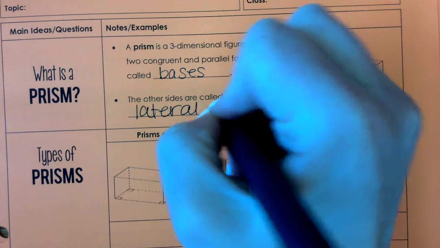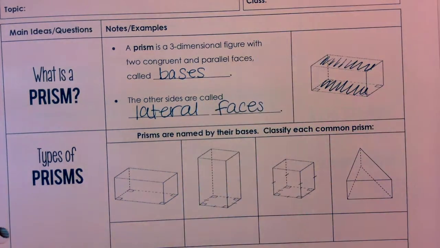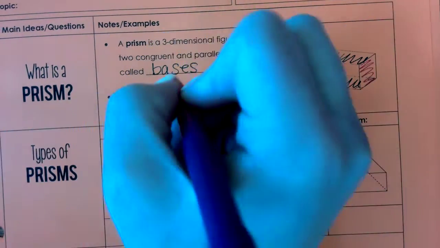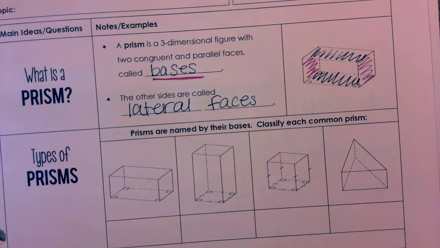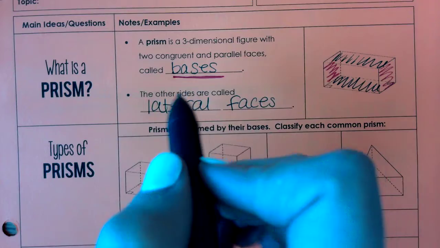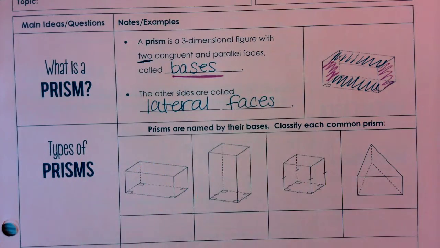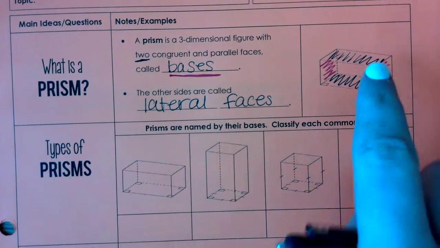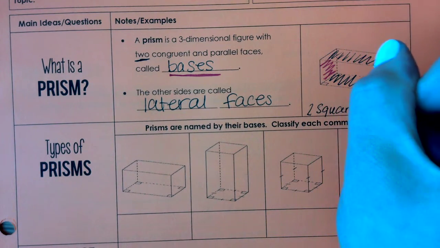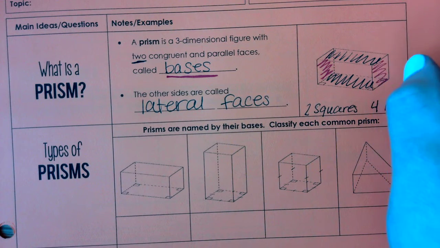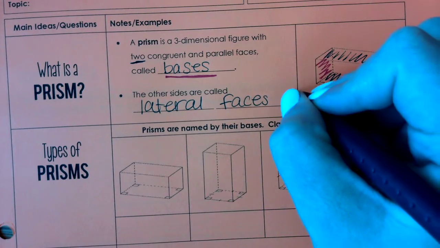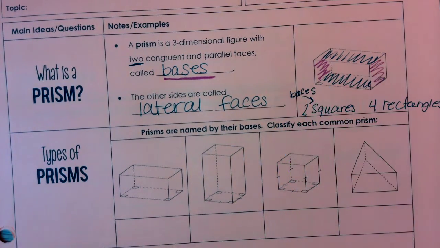Excuse me, I got those mixed around. So it'd be this one and this outside one would be my bases. Then all of my long rectangles would be my lateral faces, because there's only 2 of the bases. Do you notice how there's only 2 squares here? So there's 2 squares, and then there's 4 rectangles. That's why my squares are my bases, because there's only 2 of those.